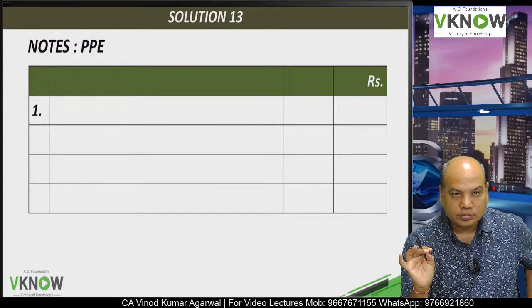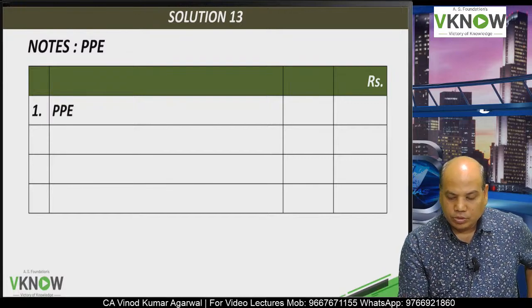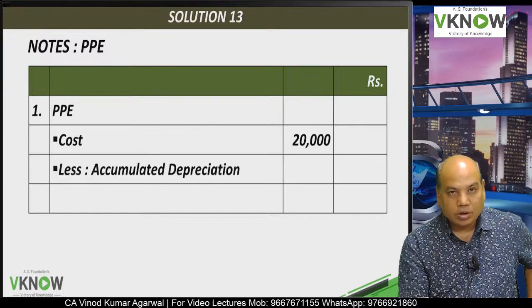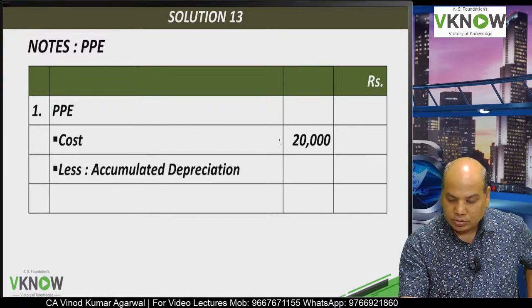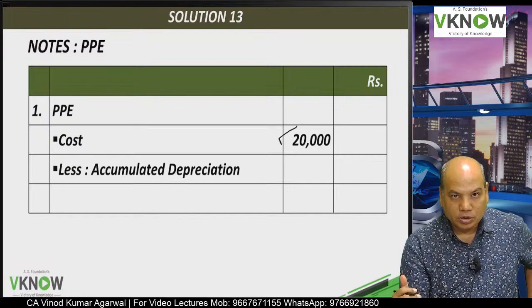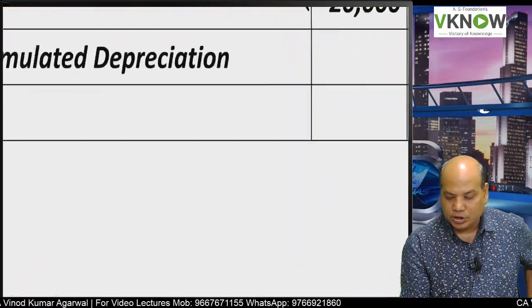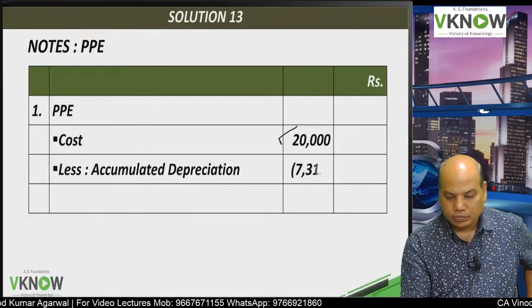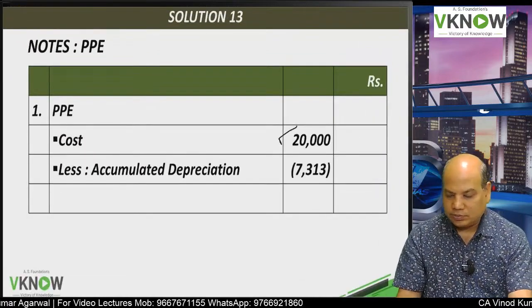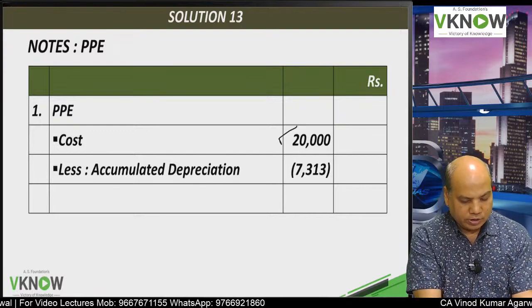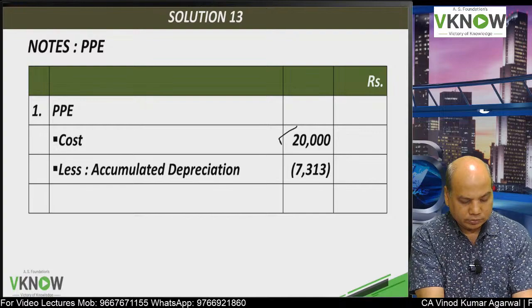Notes to account PPE. Your original cost was 20,000. Before impairment loss, you have provided for accumulated depreciation for 3 years, which is 7313.